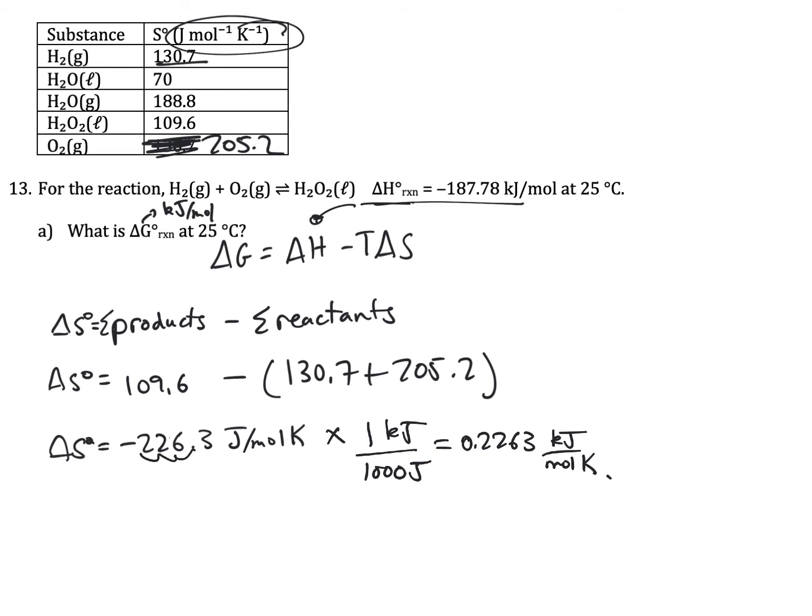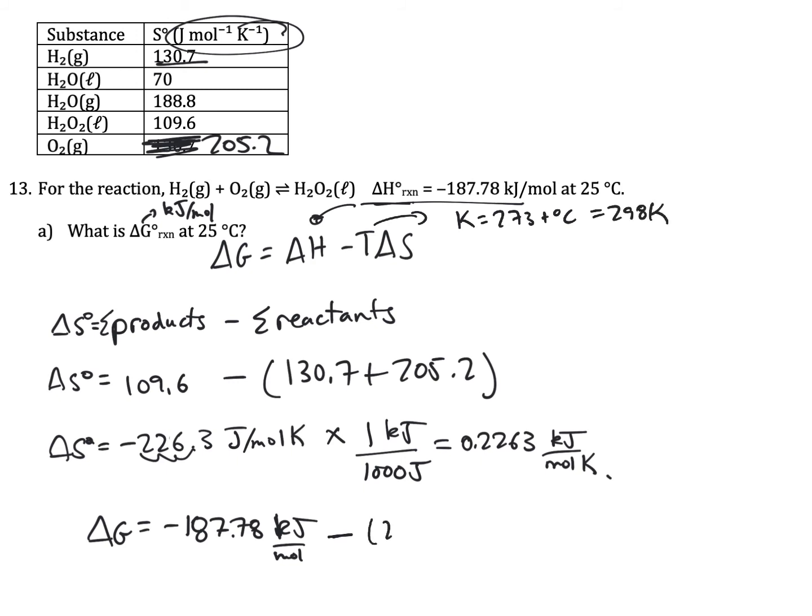That will let me plug into my equation and get delta G. So delta G then is negative 187.78, and my units now are going to match kilojoules per mole, minus my temperature here needs to be in Kelvin. So remember, Kelvin is 273 plus Celsius, so this is 298 Kelvin.